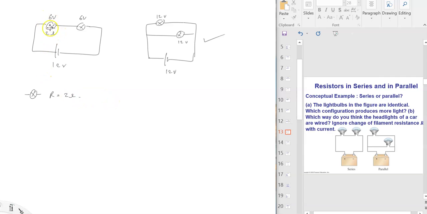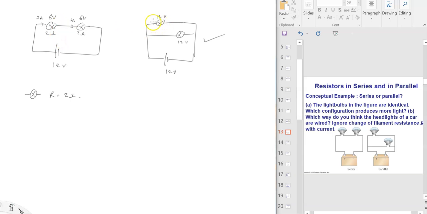So if this is 2 ohms, the voltage here is 6 volts, so the current is going to be 3 amps. This is also 2 ohms, so the same 3 amps. It's going to be the 3 amps in this circuit.